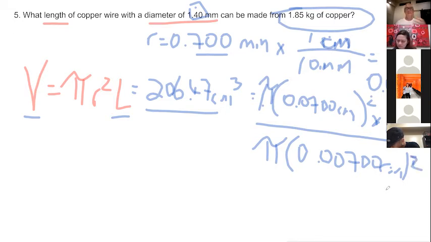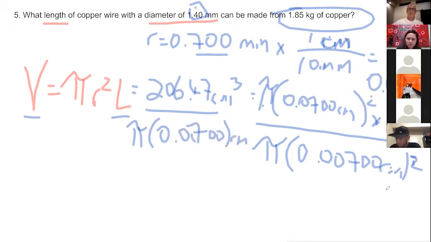So since one thing is equal to the other thing, I need to do the same thing to both. So I need to divide both sides by pi times 0.0700 centimeters squared. These things cancel, since I have it on both the top and the bottom.